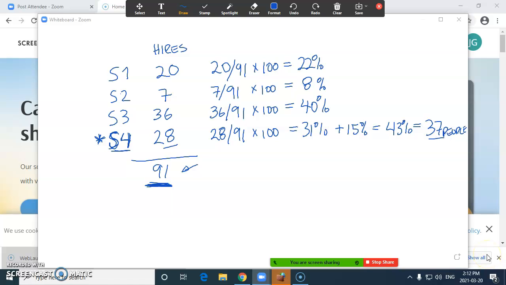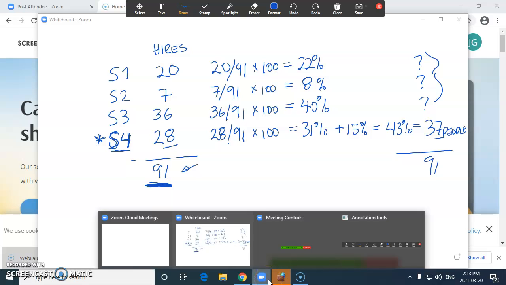Now here comes the issue. We're still hiring 91. The question is, what is the distribution between all the other sources? So 37, we're adding 9 people coming from source 4, which is 37 minus 28.